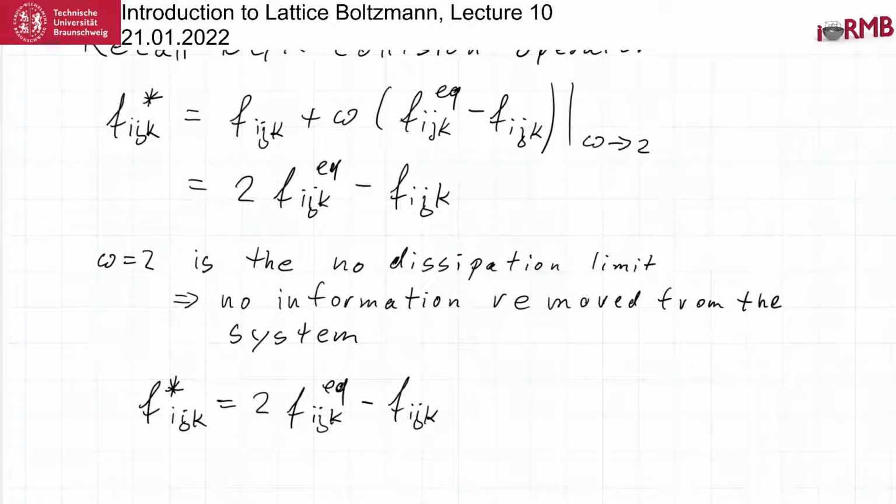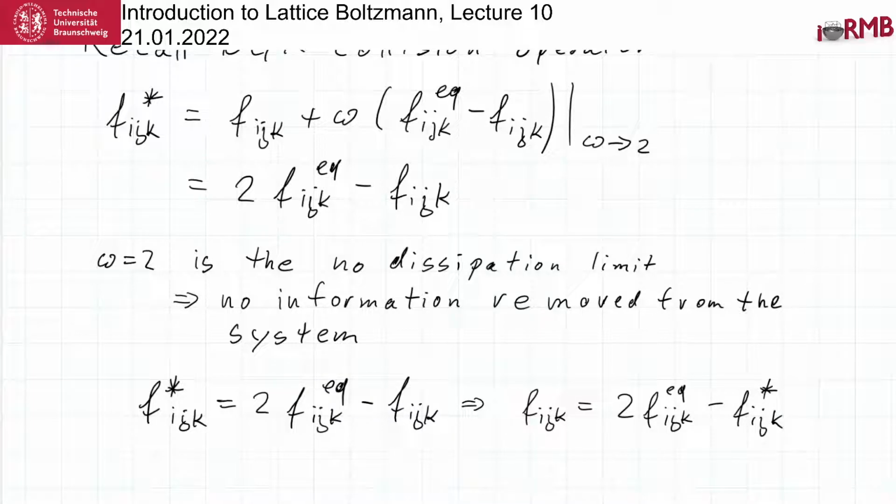However, you can also rearrange this and see that Fijk is equal to 2Fijk equilibrium minus Fijk before collision. So what does this mean?